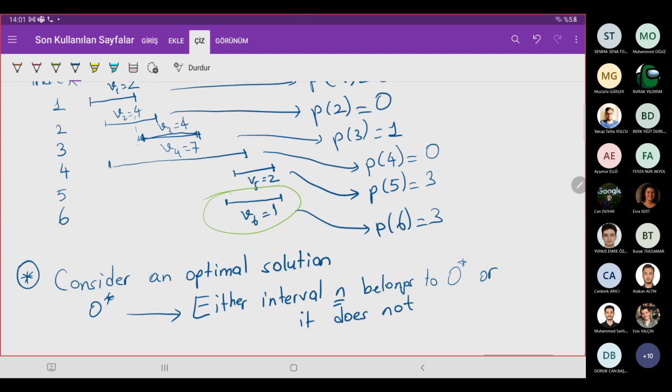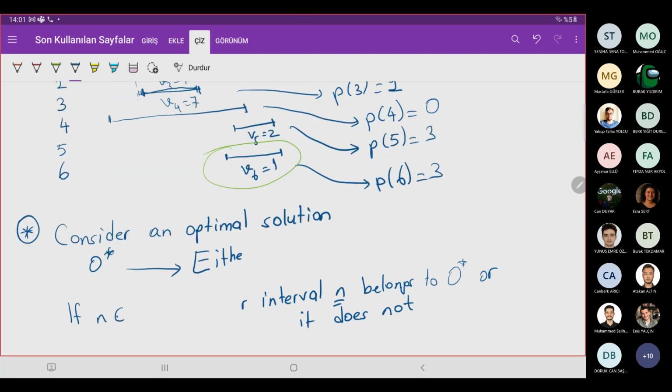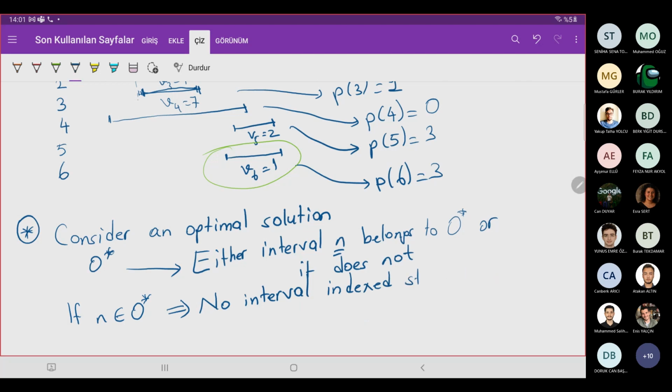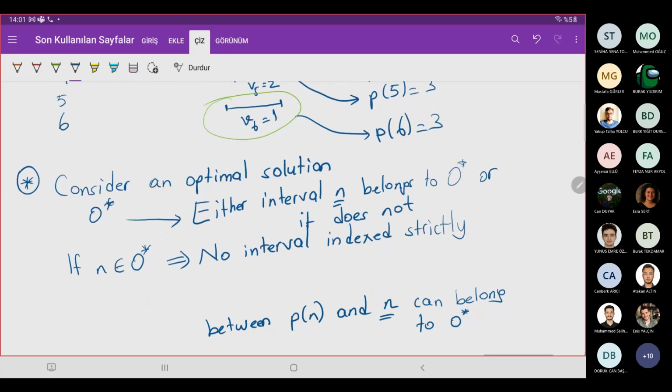If it is in the optimum solution, then no interval indexed strictly between Pn and n can belong to O star, by the definition of Pn.